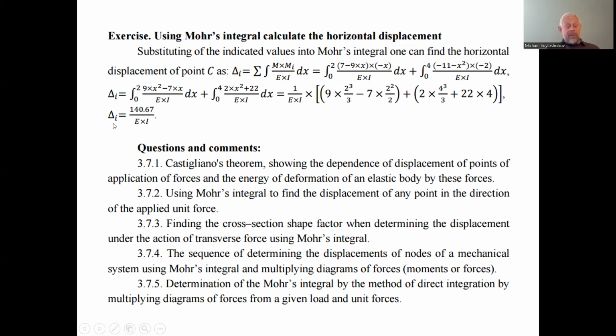And we can find that the displacement in the required direction, the horizontal direction of the point C, leftward is 140.67 divided by the rigidity characteristic of the frame, of the transverse section of the frame.